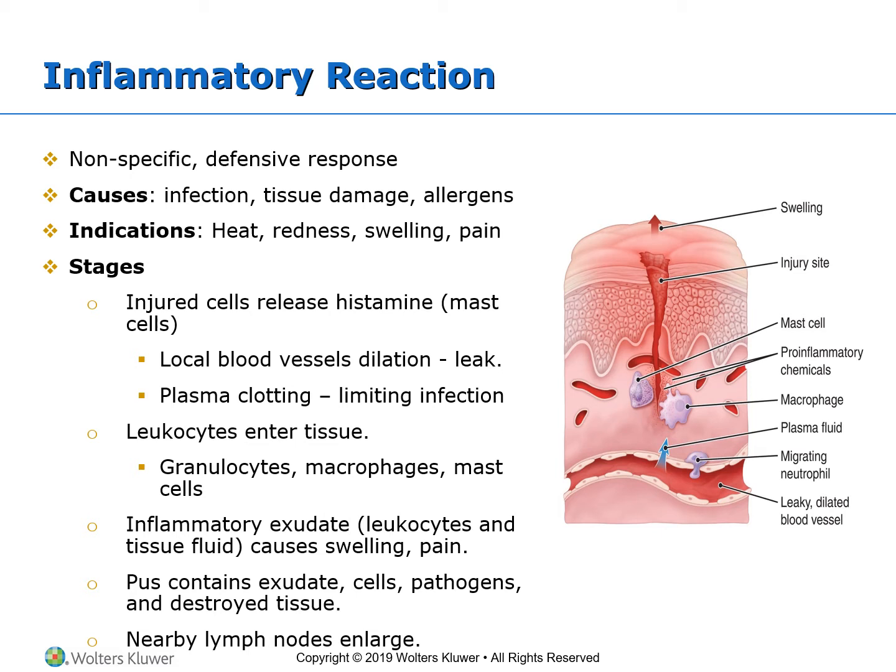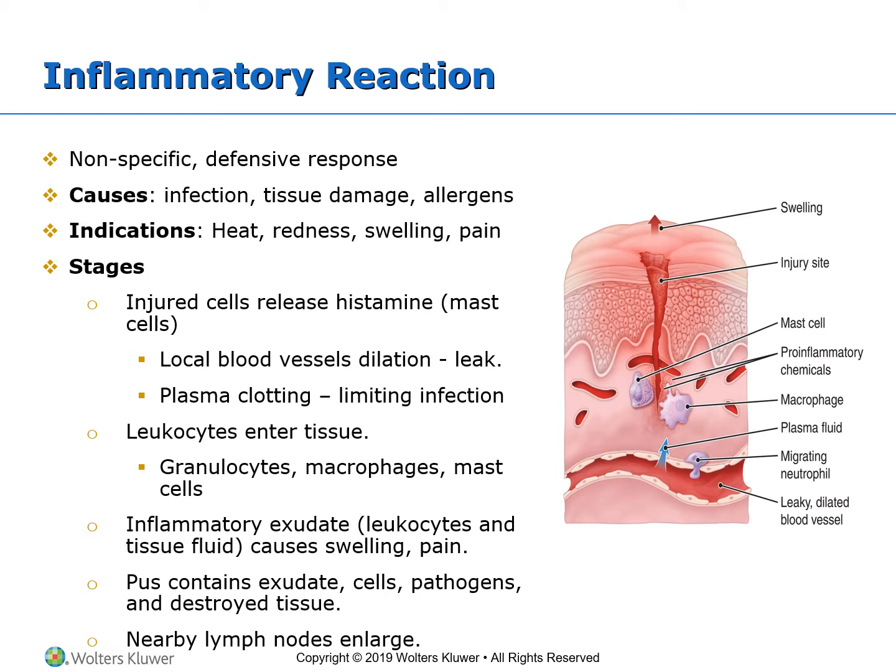As a result of this activity, there will be a mixture of leukocytes and fluid, and the fluid will be this inflammatory exudate that will increase the swelling and will put pressure on nerve endings that are present at the level of that tissue. And as a result of that, the host will feel the pain, and the host will be alerted there's something wrong in that area.